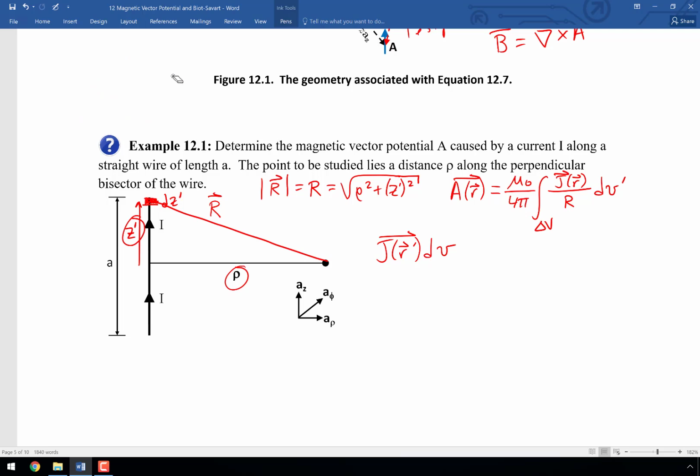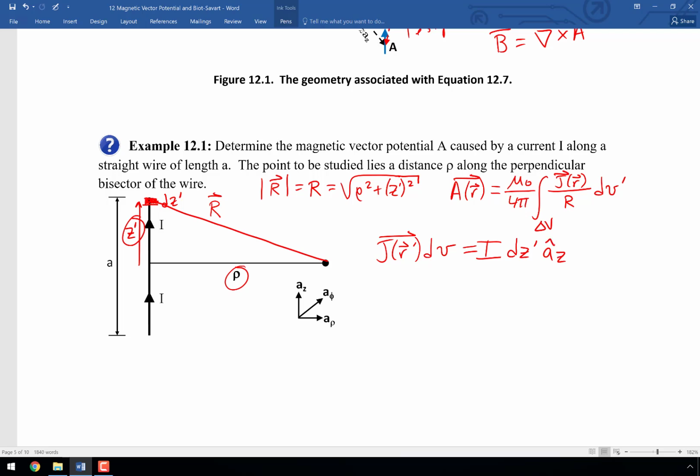So what we're going to do is simplify. Rather than having a volume of current densities, I'm going to have a line of just current. So I can simplify this to say that it's I times dz prime times a sub z.